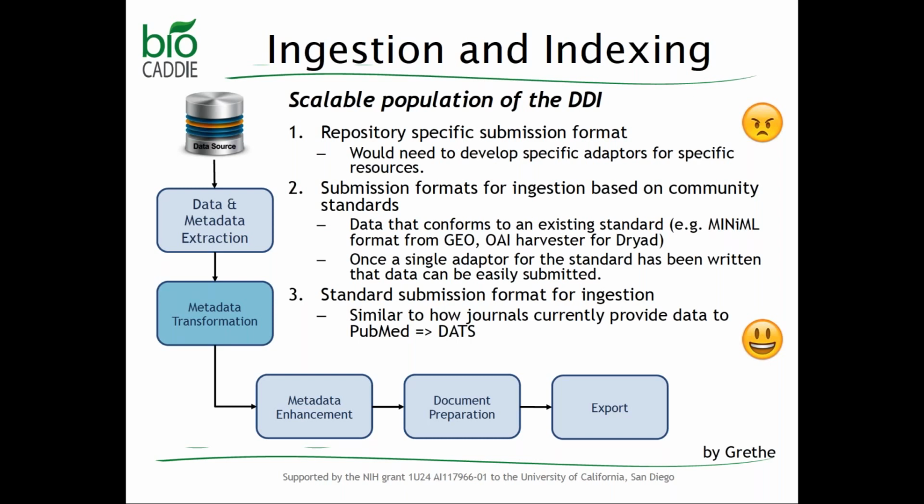Evolving to number three, in which we hope, and we are structuring ourselves to scale so that, similar to how journals currently provide data to PubMed, data providers will provide data to DATS without this more manual process that is currently involved in populating the initial Datamed.